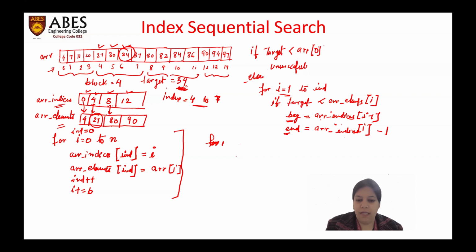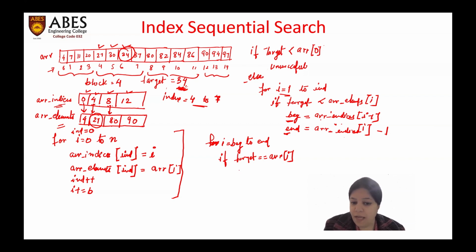For I starting with beginning to end, we have to check if the target value is equal to the value which is stored at index I or not, right? Now, if the target value is equal to the value which is stored at index I, starting with beginning till end, then we can say that we have found the value.